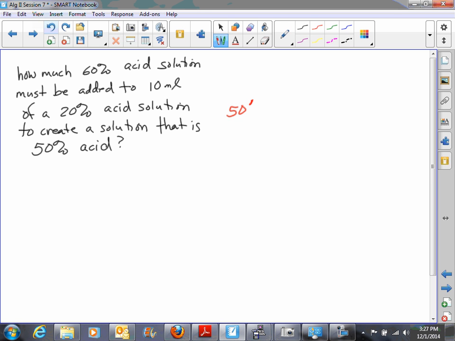So we want 50% to be the amount of acid over the amount of solution. You see, if we divide the amount of acid by the total amount of solution, acid and water, we'll get 50% in our resulting solution.